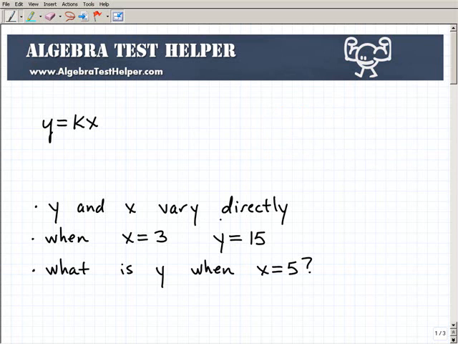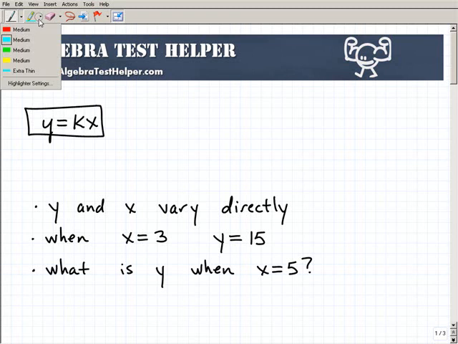So y and x vary directly. When x equals 3, y equals 15. What is y when x equals 5? So here is the basic formula for direct variation. Y equals kx. And I'm going to focus in on this value right here, k. k is something called a constant of variation.